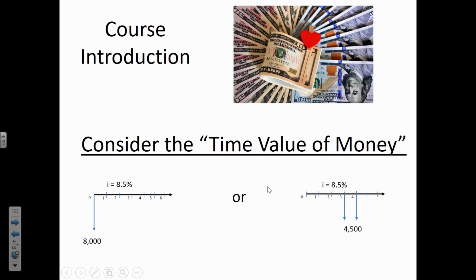Everybody loves thinking about how cheap things used to be, and the notion you probably already recognize is that in the past, money seemed to be more valuable than it is now. A quarter back in the olden days could buy a lot, whereas now a quarter can't buy as much. Another way to put that is that money in the future isn't as valuable as money now.